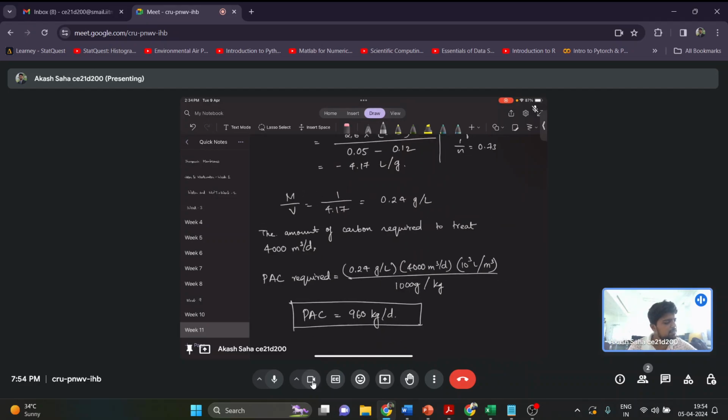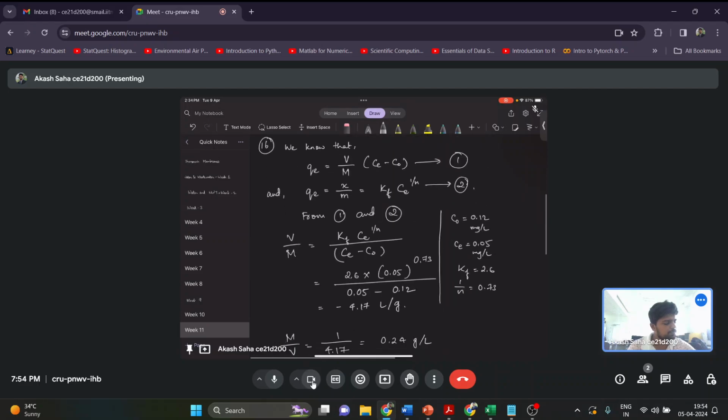So what we did here is, we know two equations for adsorption, that is q is equal to V by M (Ce minus C naught). So this is my first equation, and then q is equal to Kf Ce to the power 1 by n. So these are the two equations very well known.